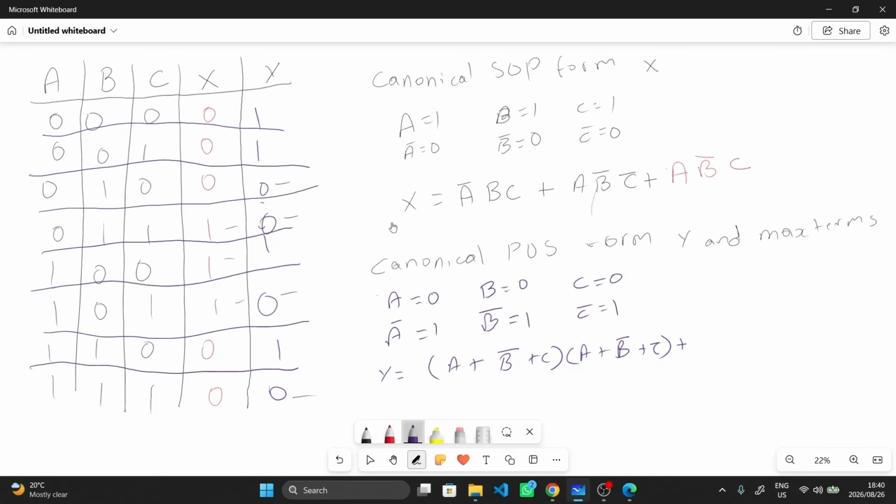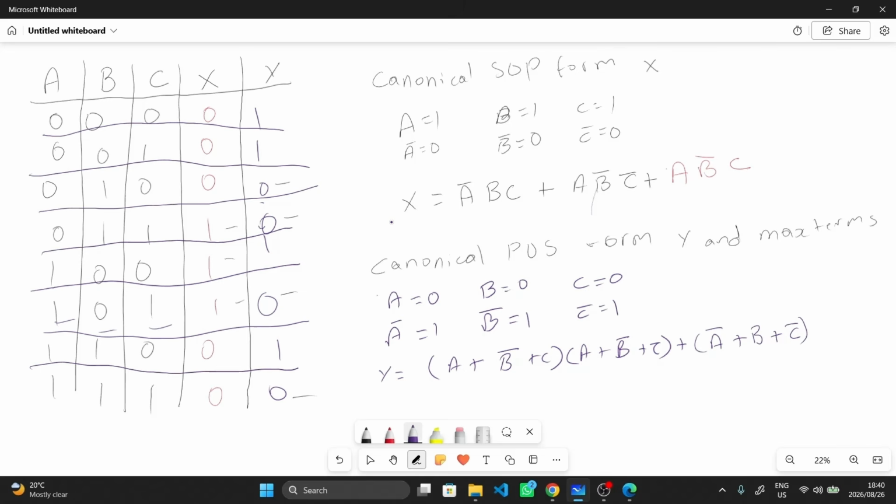So now we can move to Y, which is A, B complement C. Now again at 3, which is 0 is A, right? B complement, C complement. Then if we check Y is 0 here, so it will be A complement plus B plus C complement, right?